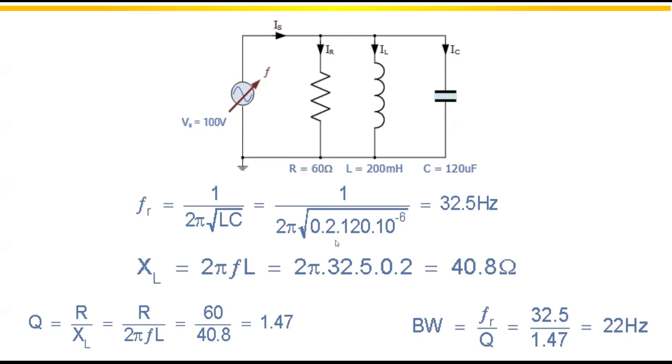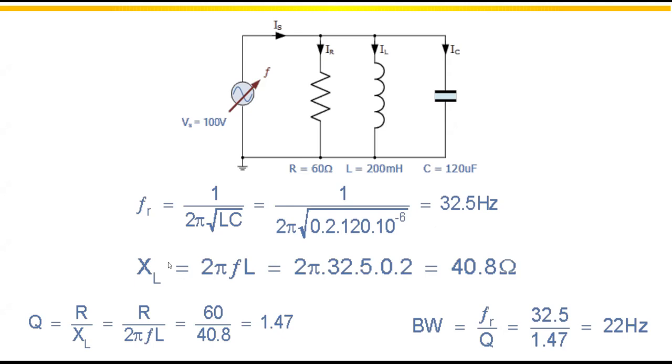So it's supposed to be 0.2 times 120 times 10 to the minus 6. I didn't do it, I just copied it. I might do it over myself. It is very confusing.